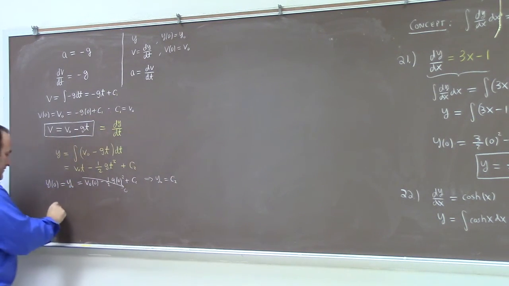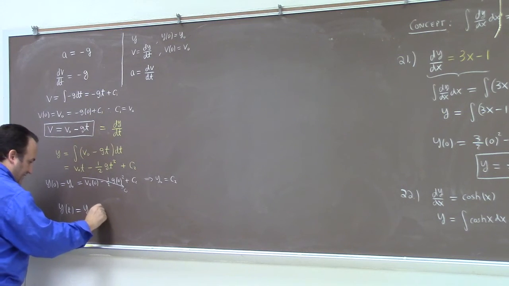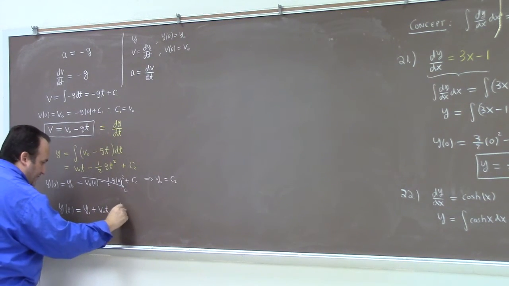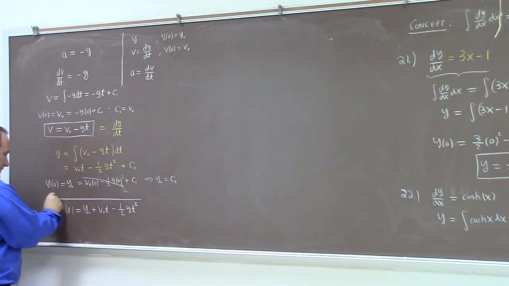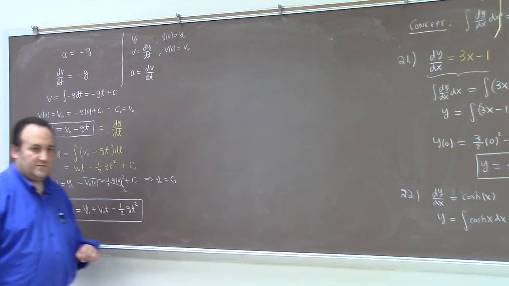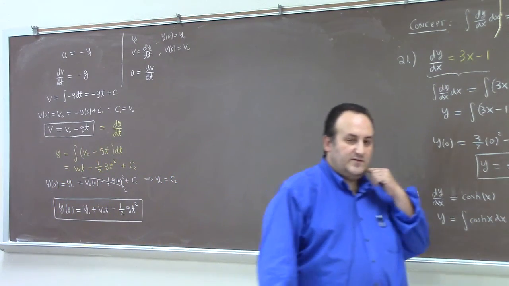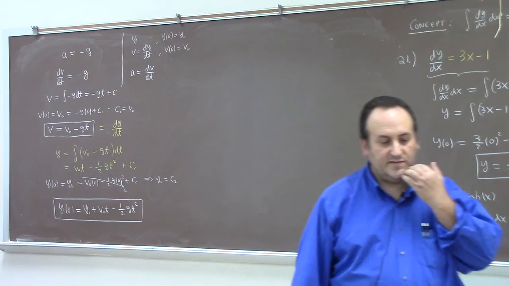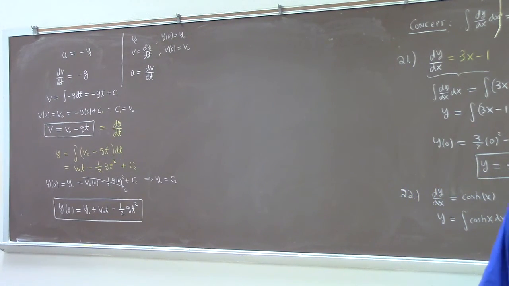Lo and behold, we have derived y of t is equal to y naught plus v naught t minus 1/2 gt squared.